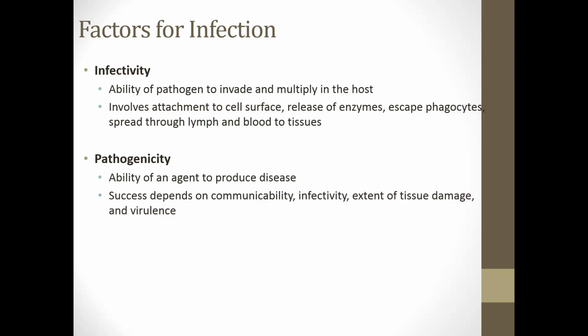The success of a pathogen's pathogenicity really does depend on some of those other terms. It depends on the communicability, so how able it is to spread from person to person. It is dependent on its infectivity. It can also depend on the extent of tissue damage or cellular damage done to that host, to that tissue. And it's also dependent on a term called virulence, which we're about to talk about in just a second.